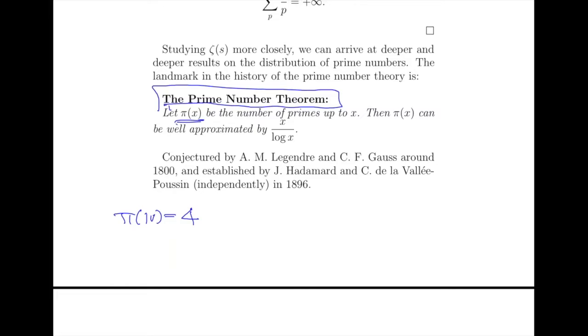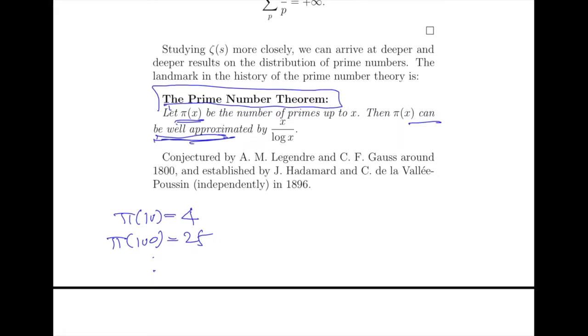Pi(100) is, maybe some of you know, 25, since there are 25 primes less than 100, etc. So this is the counting function of prime numbers. And the prime number theorem says that pi(x) can be well approximated by the simple function x over log x. The rigorous meaning of "well approximated" I will mention later.